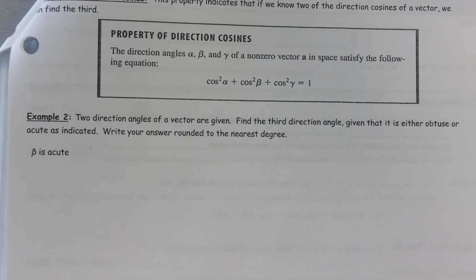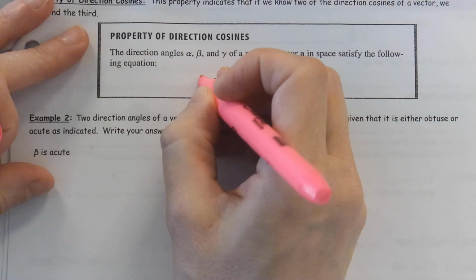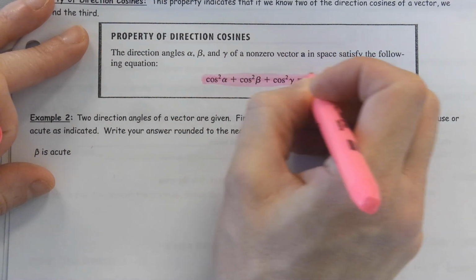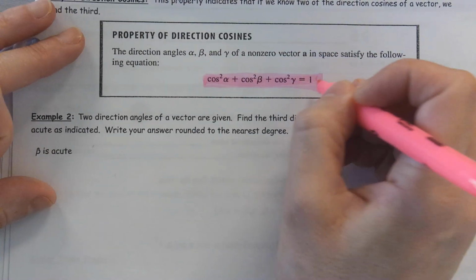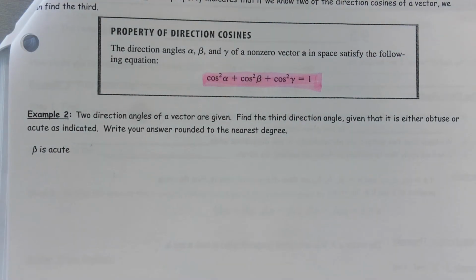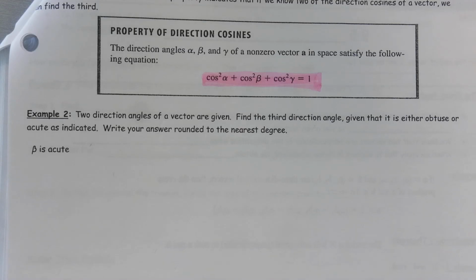All right, now, one other formula. I like to highlight the stuff that's a big deal because then it catches my eye when I go back, and I can find the formulas that I need quickly. If you take the cosine squared of your alpha, plus the cosine squared of your beta, plus the cosine squared of your gamma, you're going to get 1 every single time.